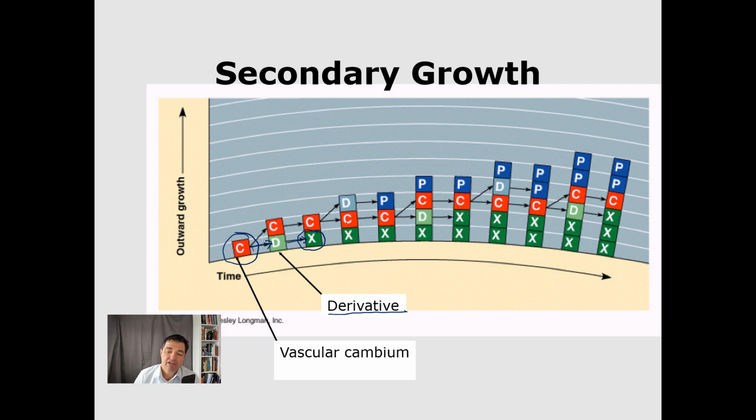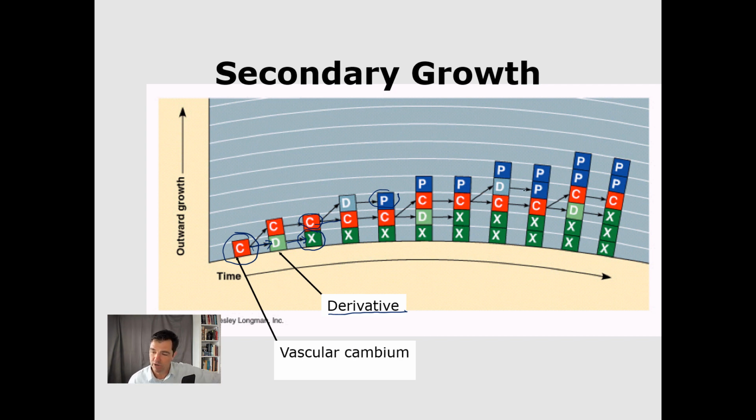Okay? Then the vascular cambium again will go through mitosis and produce another cell, and it'll be another derivative cell, and that derivative cell then will become phloem. And what you should get from this, as you see this growing, it's doing one side then the other.